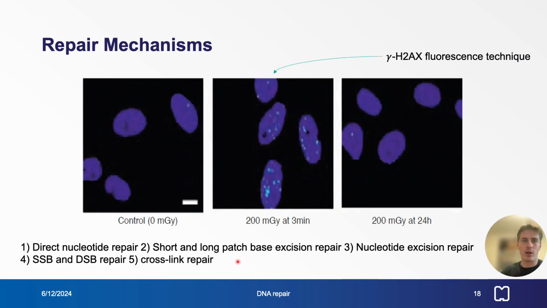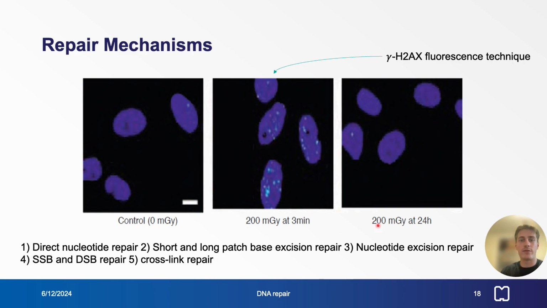As you can see below, there are many repair mechanisms. This repair occurs rapidly, with about 90% of single-strand breaks repaired within an hour. Non-homologous end joining is the fastest and most common repair for double-strand breaks in humans. It's not perfect and often results in small errors at the repair site.